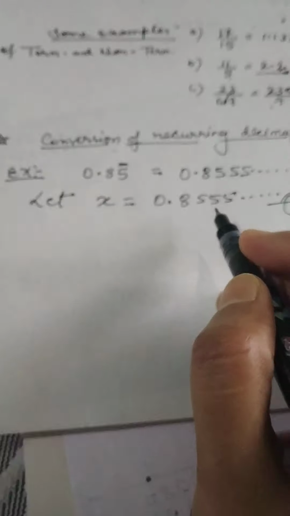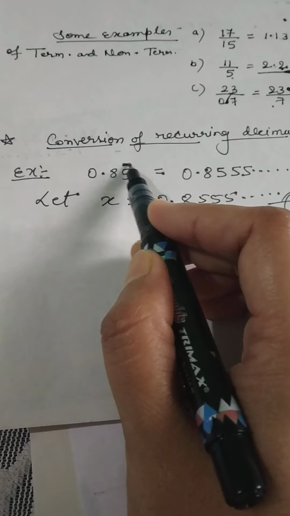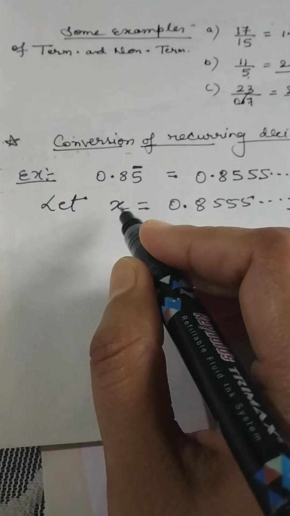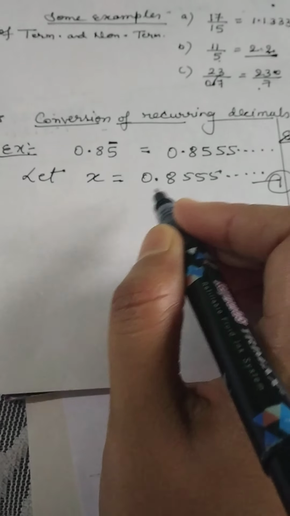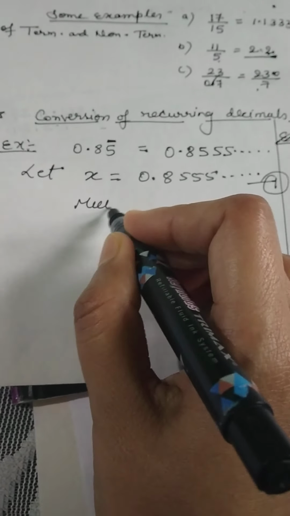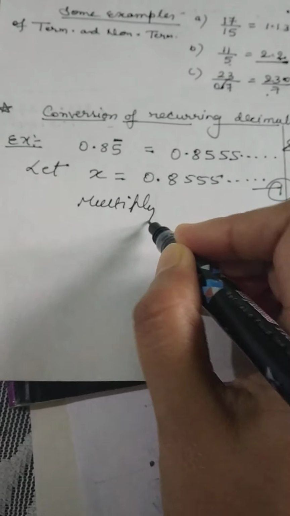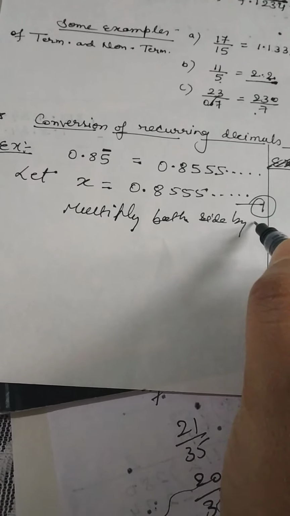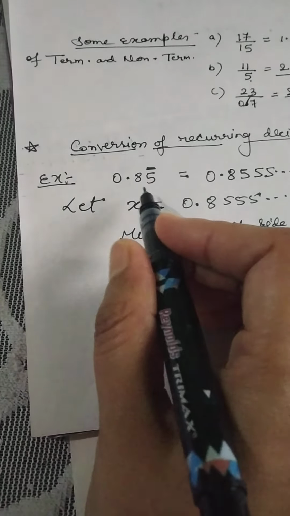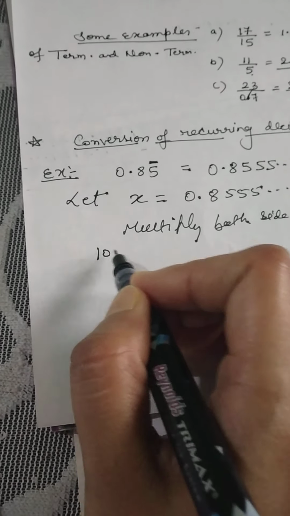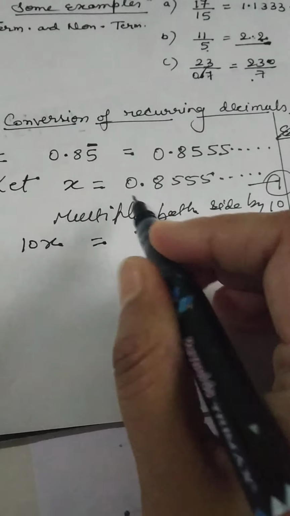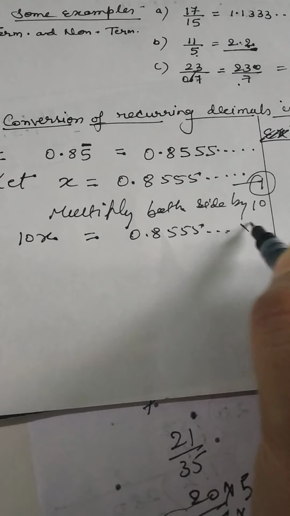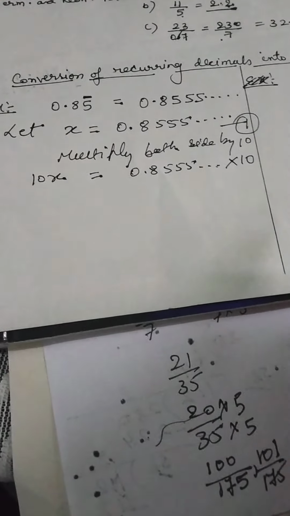Next, the bar is above 1 digit, only 1 digit. So we will multiply both sides of this equation by 10. So if you multiply x by 10, we'll get here 10x, and multiply this 0.8555 dot dot dot by 10.